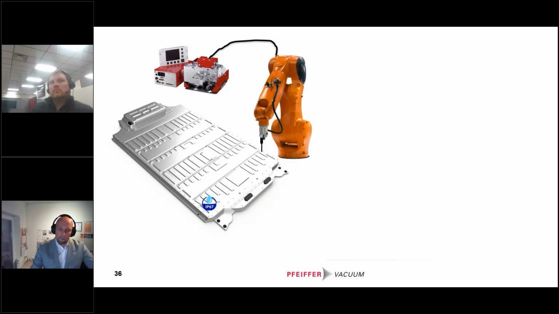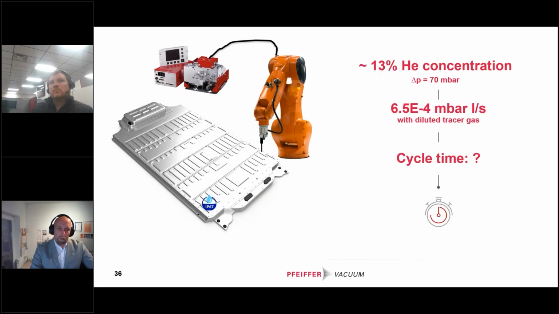And that's the real-life challenge one will see, because it's important to achieve a homogeneous helium concentration to really find the leaks. Something of a problem as well is that we only have a 70 millibar pressure differential allowed. So if we evacuate first to -70 millibar gauge and then pressurize with 100% helium to +70 millibar gauge, we will achieve something like a 13% helium concentration.